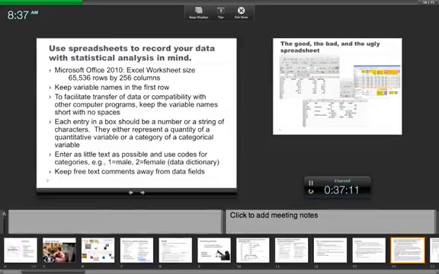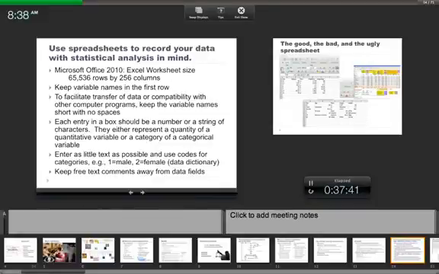Now, I guess everybody uses a spreadsheet. We usually use Excel, or there are many other spreadsheet programs that are free as well. But the bottom line is the spreadsheet is a very powerful program, and very often we use it to collect data and then tabulate the data.